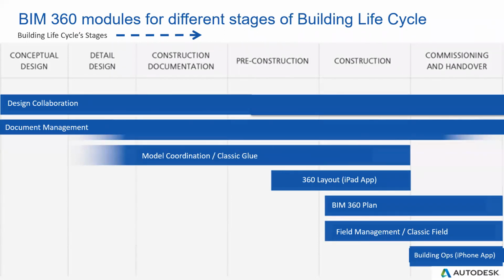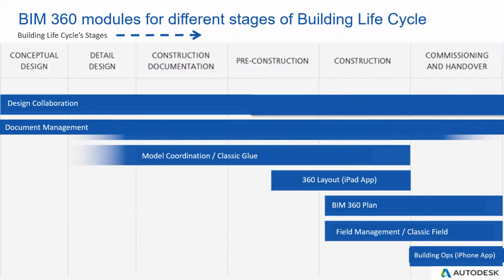In this diagram, you see the gray header, from your left-hand side: conceptual design, detailed design, construction or pre-construction, and then the last one is commissioning, which represents different building life cycle stages.